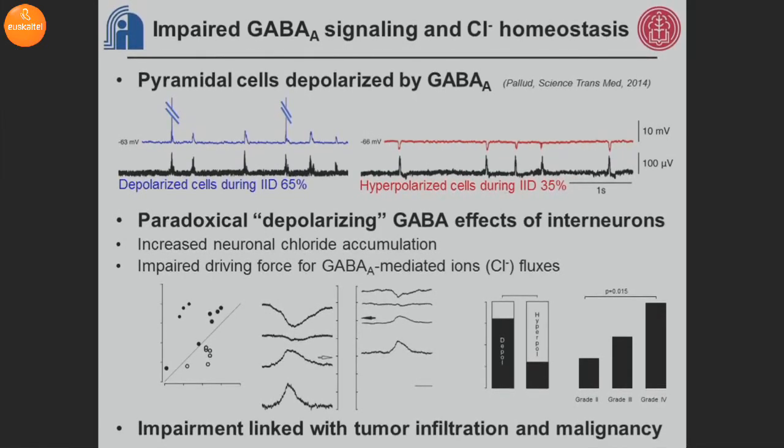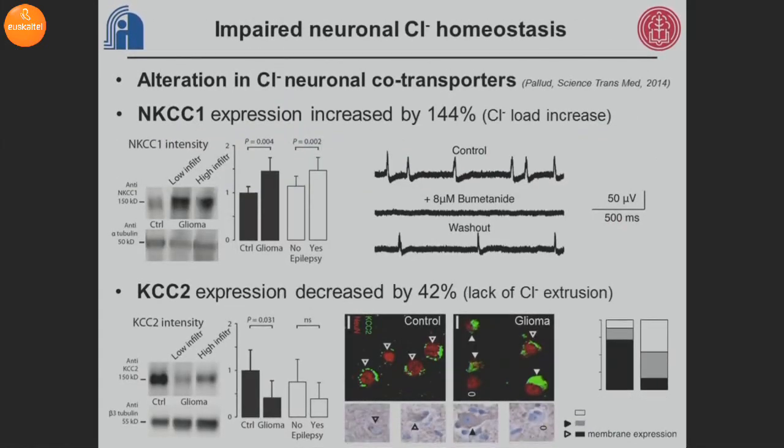To better understand the underlying mechanisms, we studied the possible mechanism of this altered chloride accumulation within neurons in the periglioma environment. We showed an impairment of the chloride cotransporters within neurons. We show a huge increase of NKCC1 within the neuron's membrane.